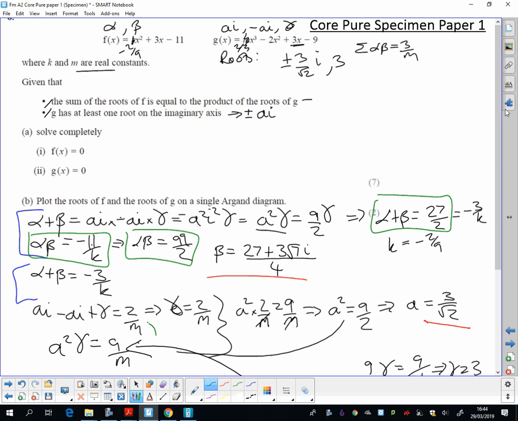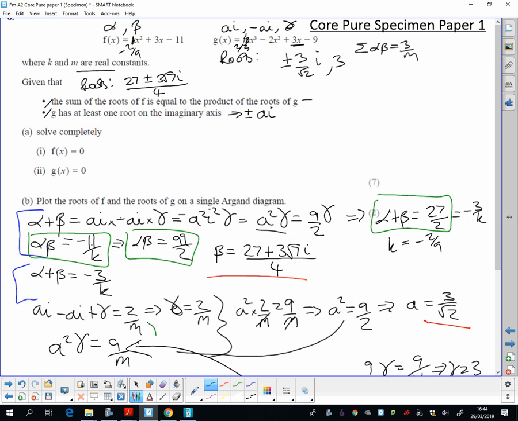The other one is obviously going to be the conjugate, so the roots of my quadratic are 27 plus or minus 3√7i/4. So it's got a little bit messy all over the board, but it's just a case of using all the facts you know about quadratic and cubic roots and just keep writing equations and substituting.